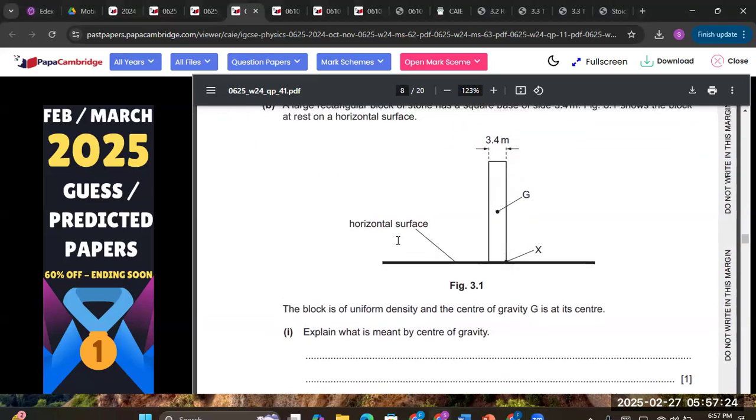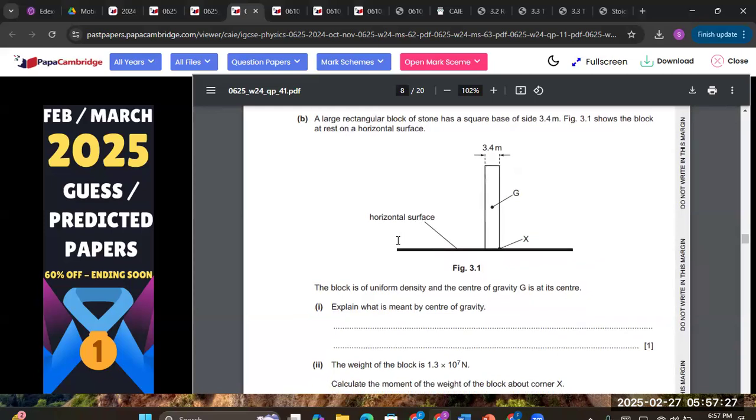Okay, take a look at this one. Explain what is meant by, you can read the question and then explain what is meant by center of gravity.